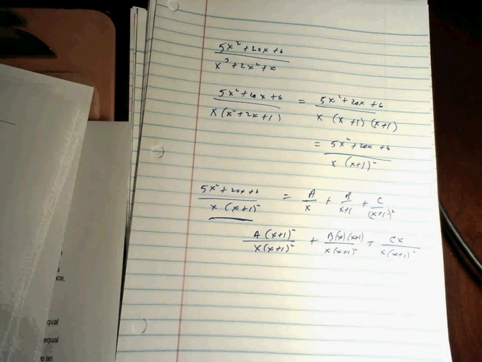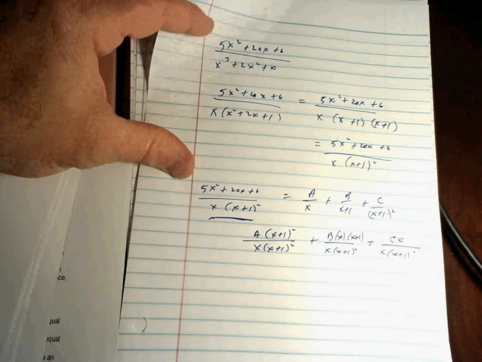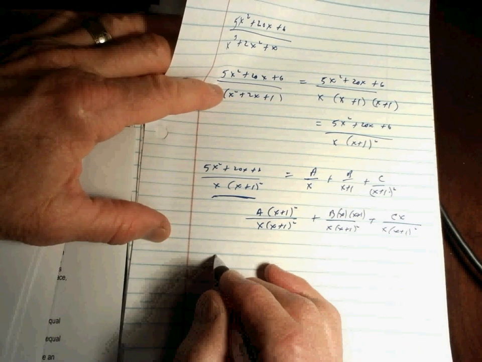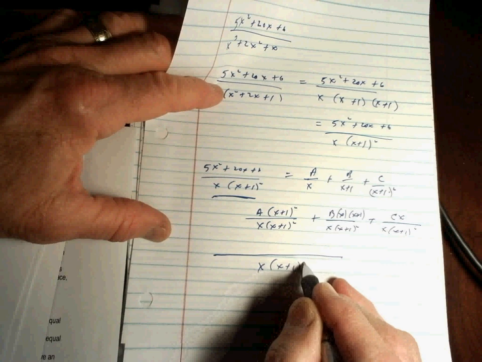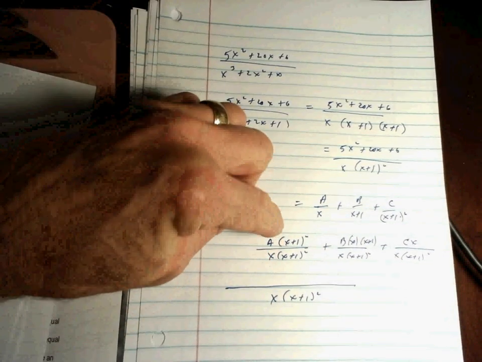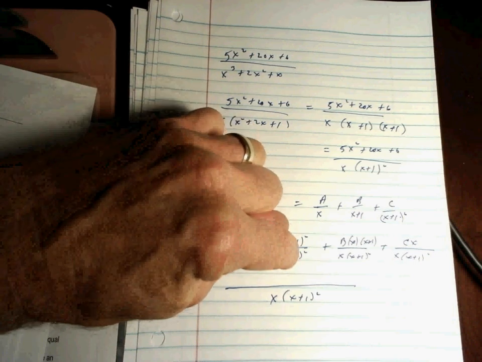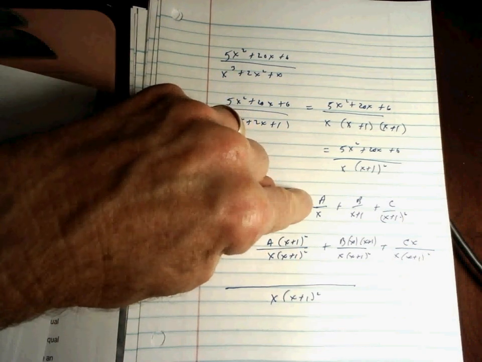So that's kind of important. Be able to find common denominators. That's something that we've been plagued by since day one of math, I think. If I put this all over the same denominator, a couple of things you can check to see if I did this correctly: if these canceled, would I be left with what I started with?